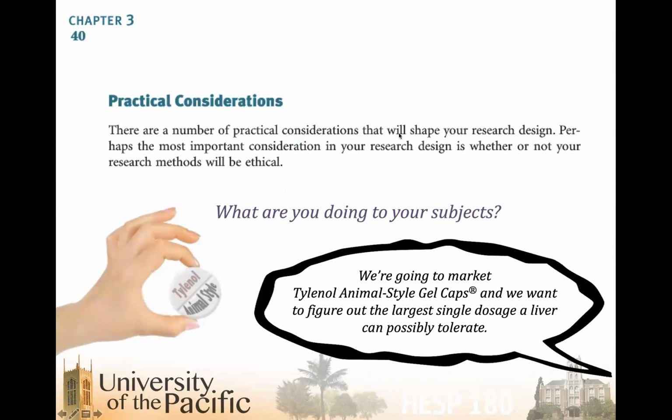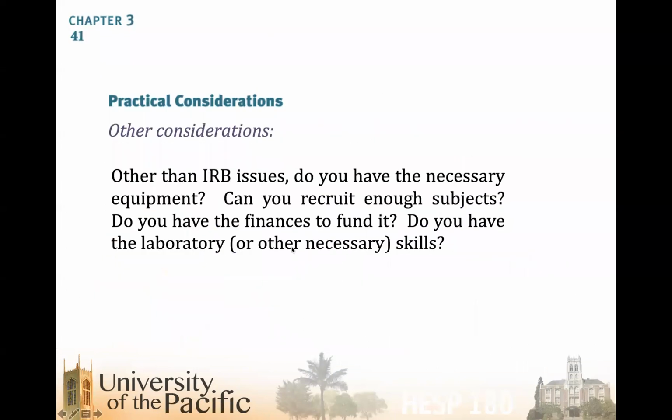If you're like, well, I want to see what the actual maximum dose of Tylenol is that doesn't kill people, good luck getting that by an institutional review board, because Tylenol is the leading cause of liver toxicity in the US. But whatever the question, just come up with something and we can figure out a way of evaluating it.